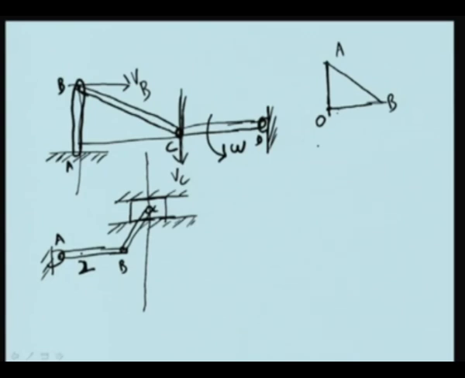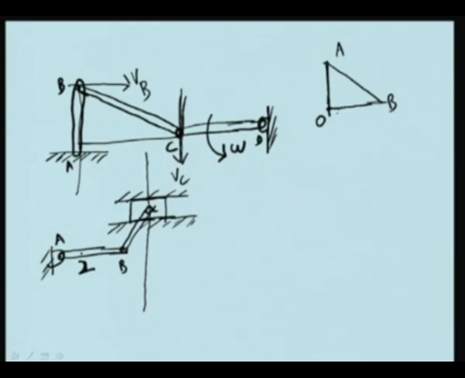This is BC. So, velocity of that point B is along perpendicular. Therefore, on line BC, I will draw a perpendicular to the velocity which is obviously along AB.